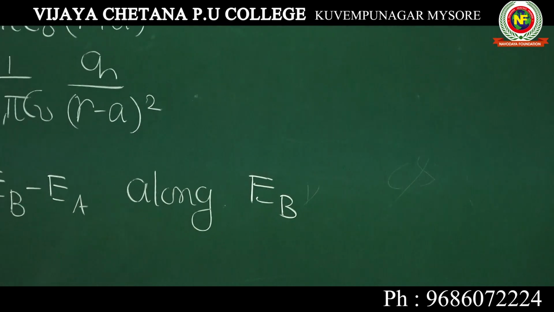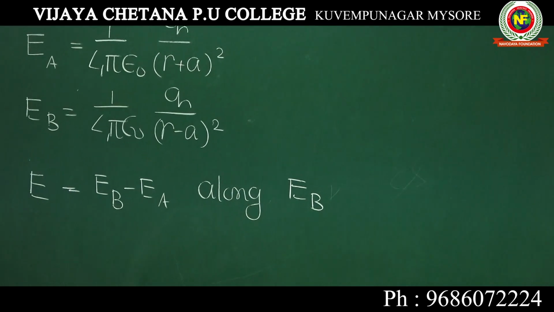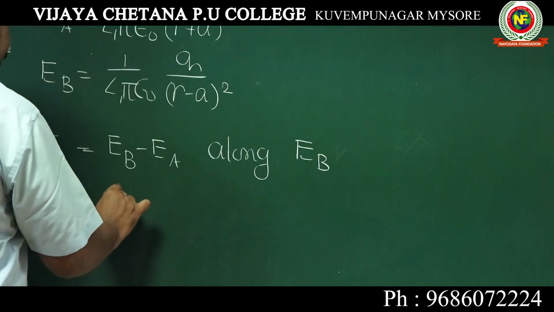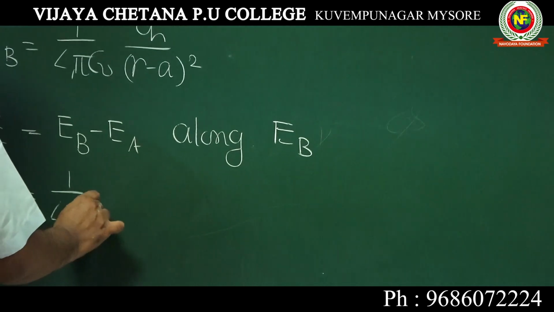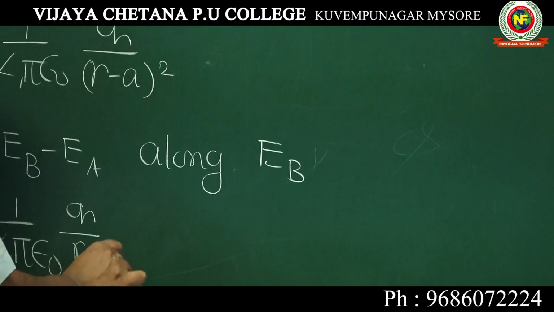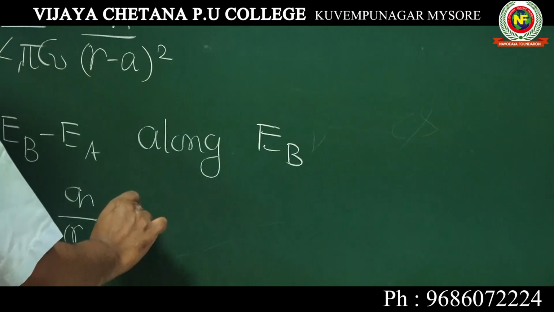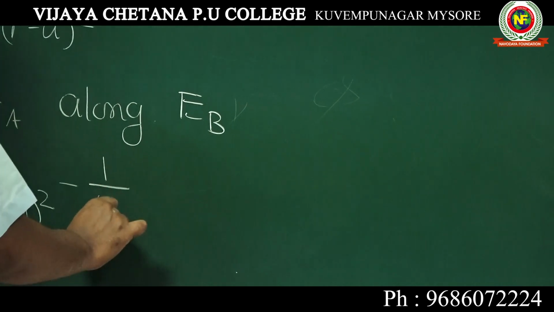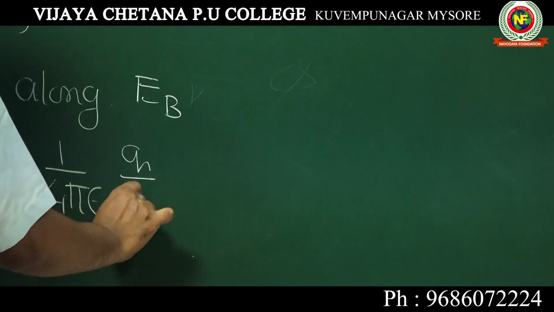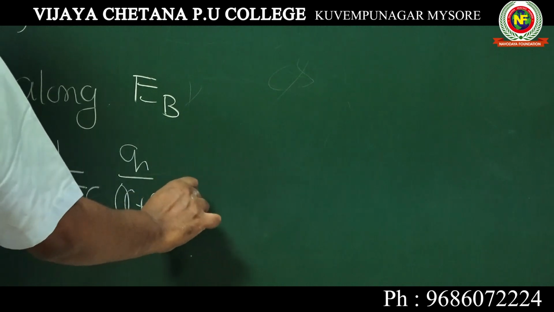So, E is equal to EB minus EA along the greater vector EB. What is EB? EB is equal to 1 by 4 pi epsilon naught Q by R minus A whole square, minus 1 by 4 pi epsilon naught Q by R plus A whole square.